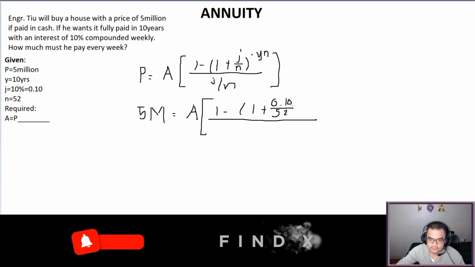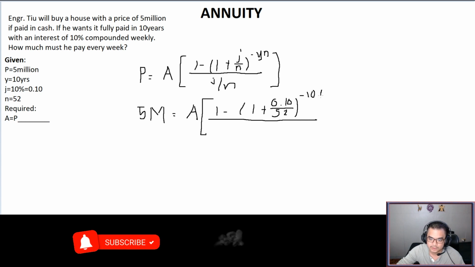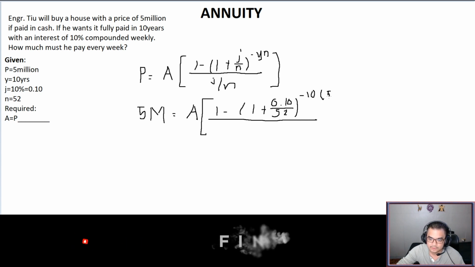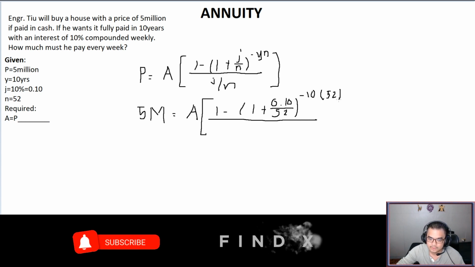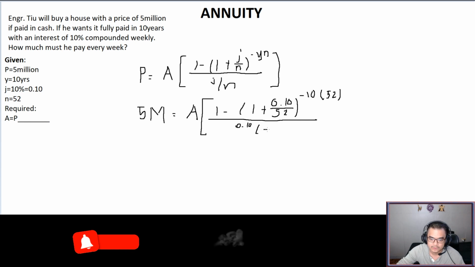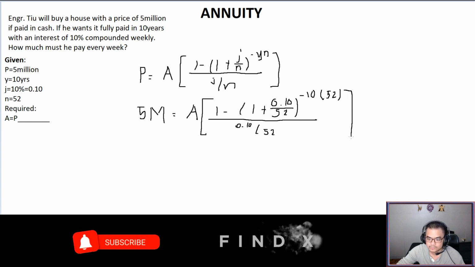Don't forget the negative. It must be negative. Y is 10 years times 52, over J, which is 0.10, all over 52. So you can now solve for the value of A.